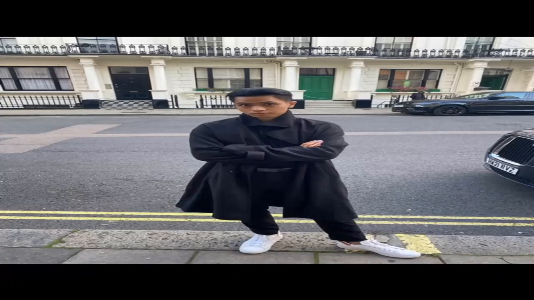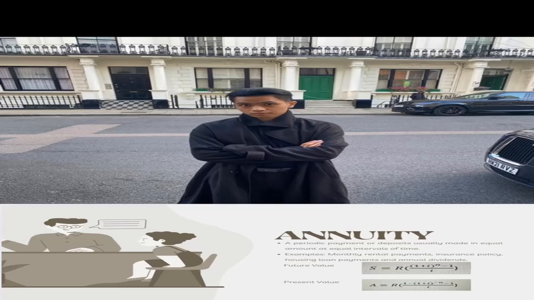Now that was the compound interest. Moving on to annuity. An annuity is basically periodic payments or deposits, usually made in equal amounts at equal intervals of time. For example, monthly rental payments, insurance policies, housing loan payments, and also annual dividends. There are two types of formula that need to be used.